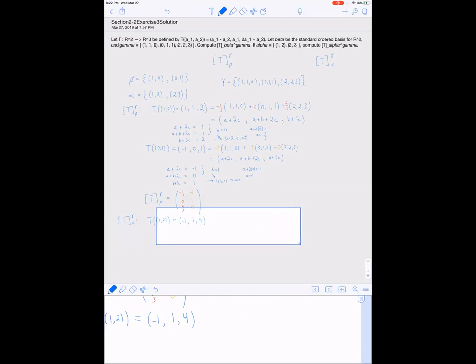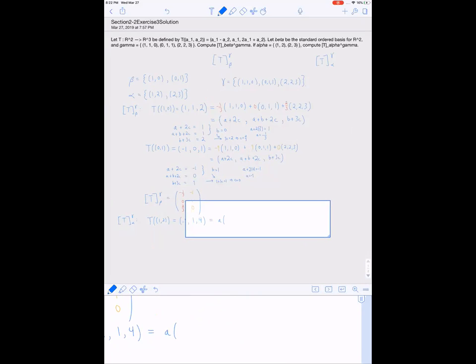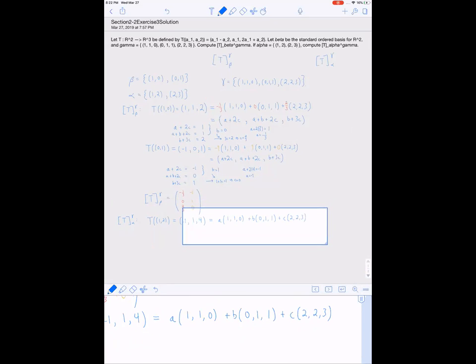And again, the objective is to write this as a linear combination of the vectors from gamma. Well, they're the same vectors as before. So A times (1, 1, 0) plus B times (0, 1, 1) plus C times (2, 2, 3), which is really just the same as A plus 2C, A plus B plus 2C, and B plus 3C.